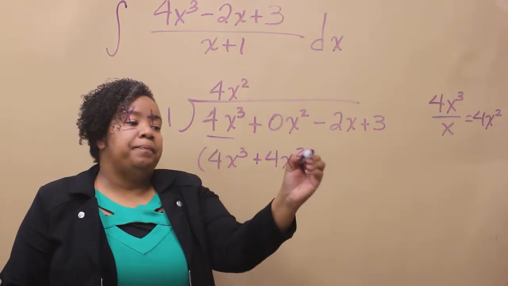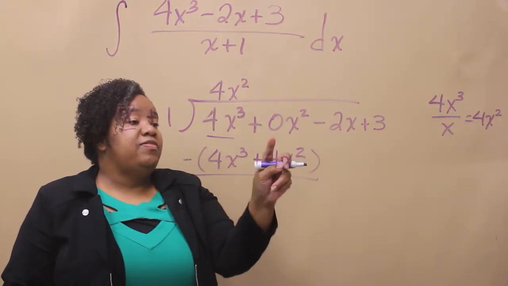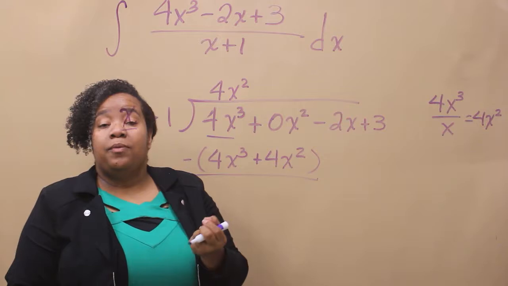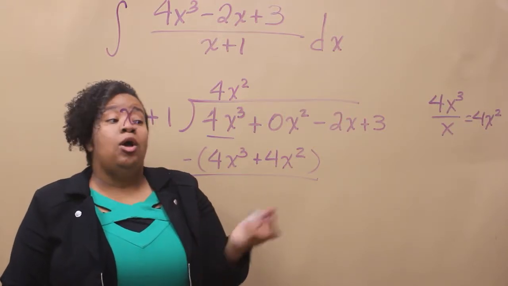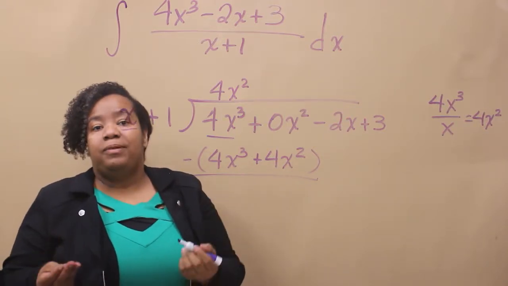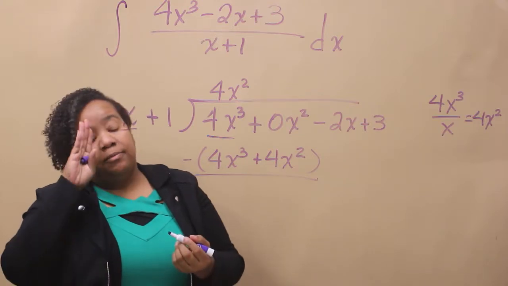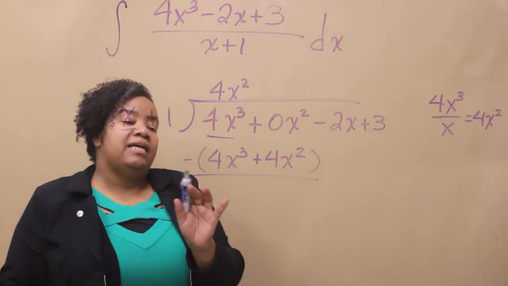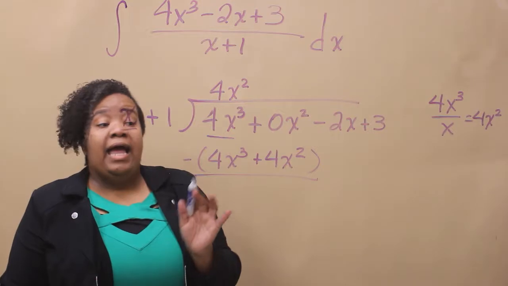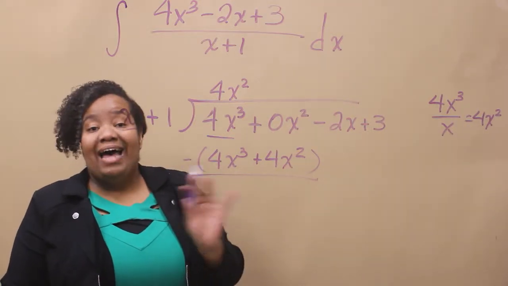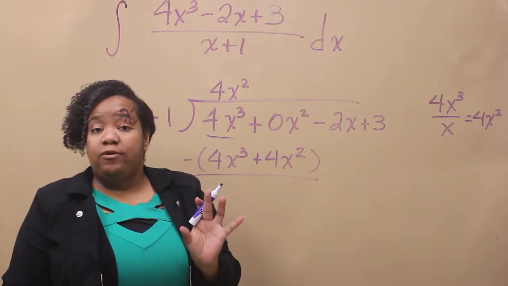Notice already, even though we didn't have an x squared term in our dividend, we have one now, and we needed a place for the x squared terms. Also notice that the next thing we're going to do is subtract, and we have to subtract this entire expression, not just the first term.